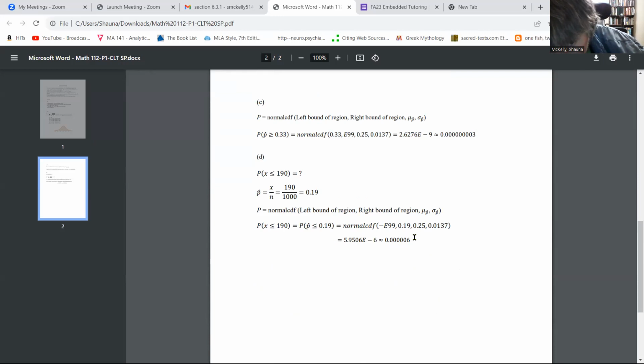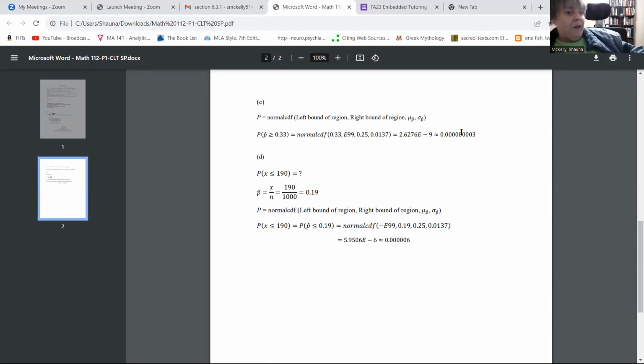She has 2.627 whatever, E negative 9, there it is. And if I round it, it's super, super small. If I round to 4 places, that's going to be 0, meaning that it's so small as to render it effectively meaningless.